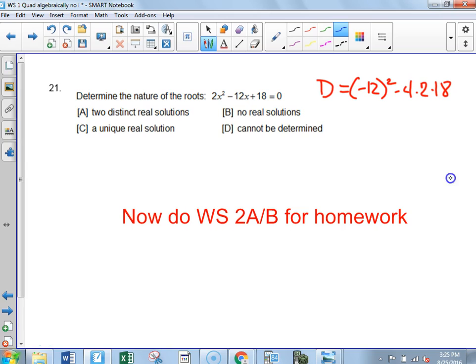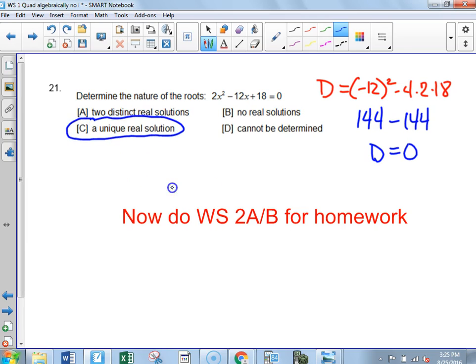The discriminant turns out to be... I got 144 minus 144, right? If the discriminant is 0, the answer is 1 real solution, which they nicely called a unique real solution.